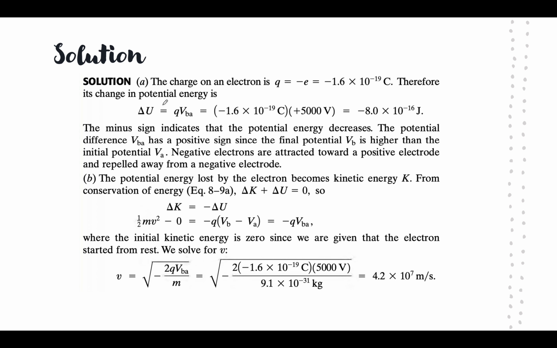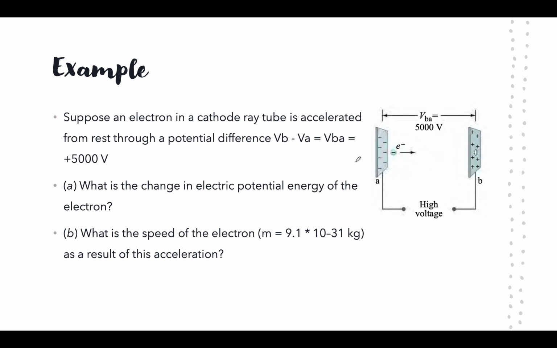So if I solve that equation, then I can see that potential energy is equal to Q times V, which gives me this. Okay? This negative sign means that the potential energy decreases. Does that make sense? Yes, because as you move from point A to point B, the electron is speeding up, gaining kinetic energy, which means that it's losing potential energy.